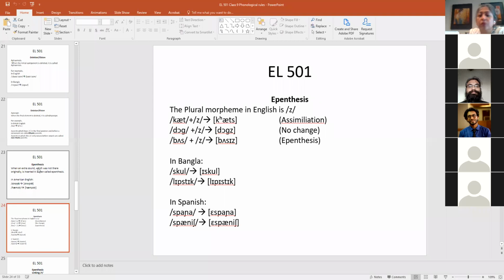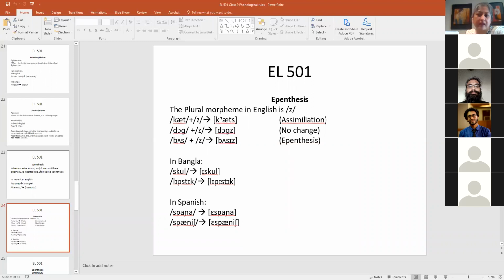And there are more easier to understand examples of epenthesis. So the plural morpheme in English is the z, right? And we saw that in assimilation, if it occurs with a voiceless sound like t, as in the word "cat," it becomes s. It assimilates, right? It becomes "cats."